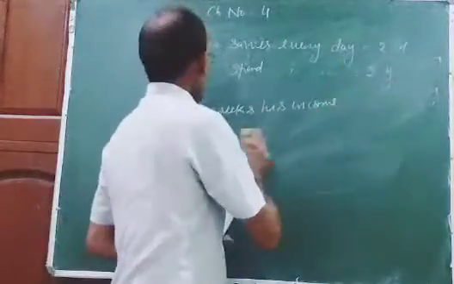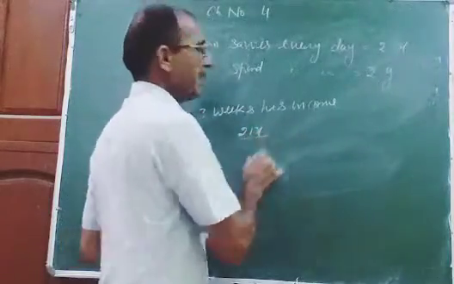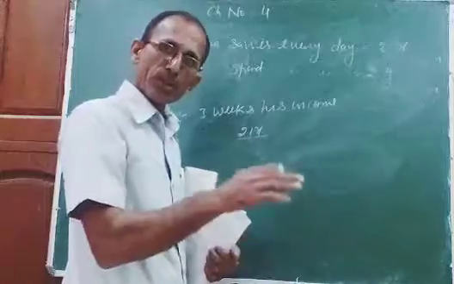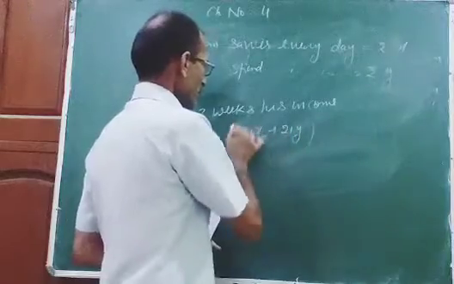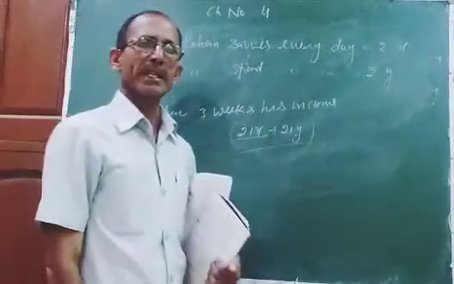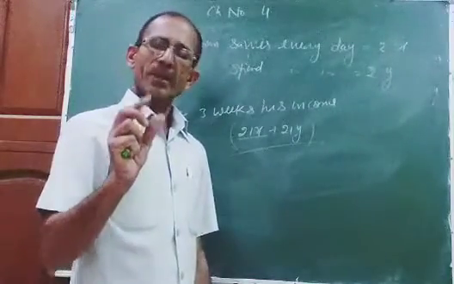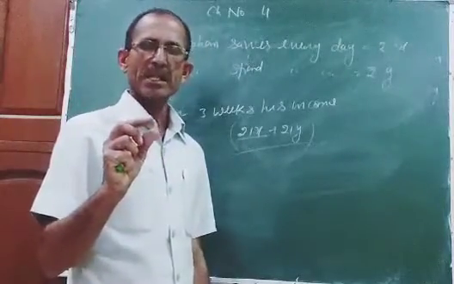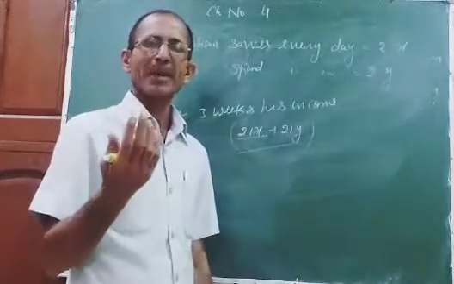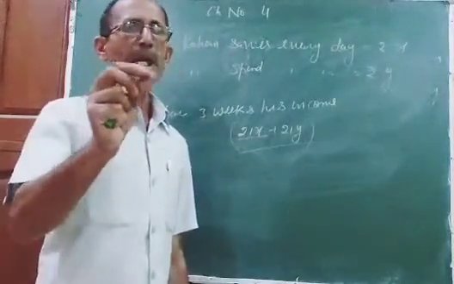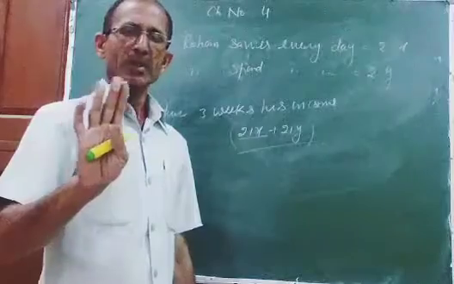So after 3 weeks, his income will be 21x, and expenditure will also be added. So 21x plus 21y. This is his income after 3 weeks. Students, don't get confused, try to understand. Suppose you get 100 rupees per month for buying some things for your study. You spend 50 rupees and you save 50 rupees. So the total you get is 100.